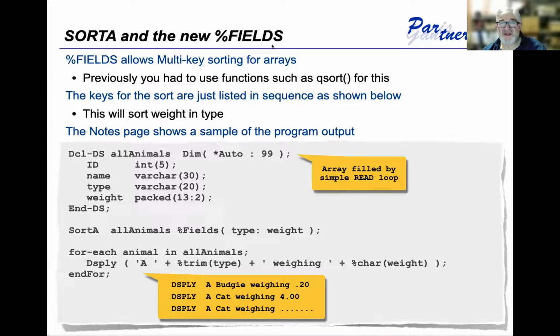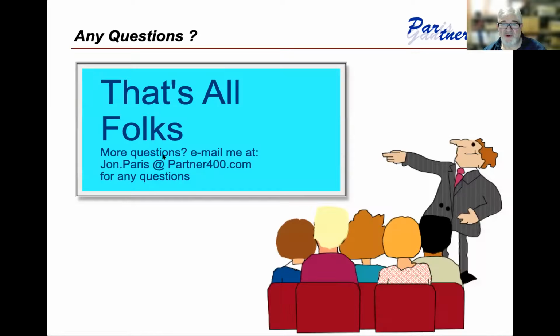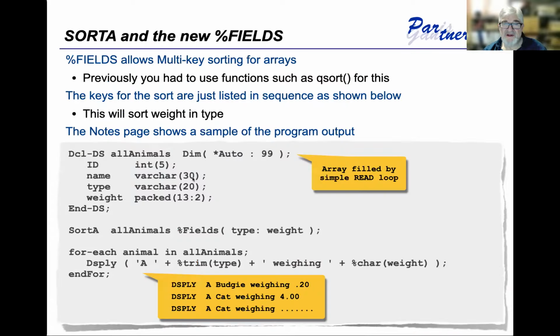The new %fields built-in function extends the capability of sort A, and it allows us to do multi-key sorting. So I've got an example here. I've got an array that I've called all animals, that was loaded in the case of my test program by a simple read loop.